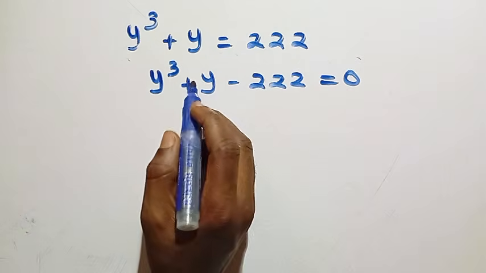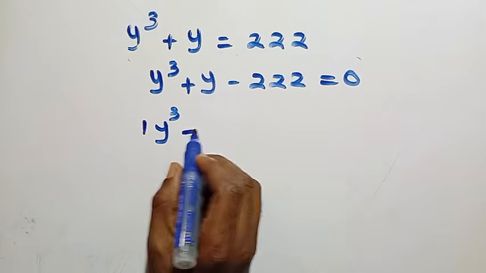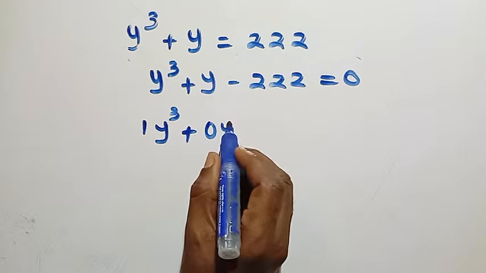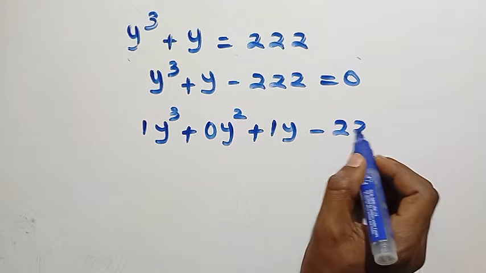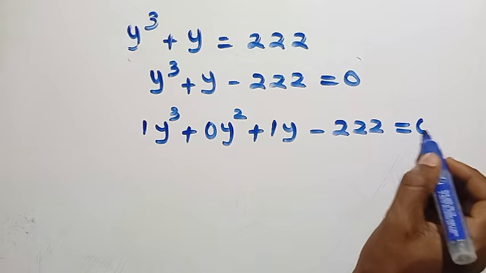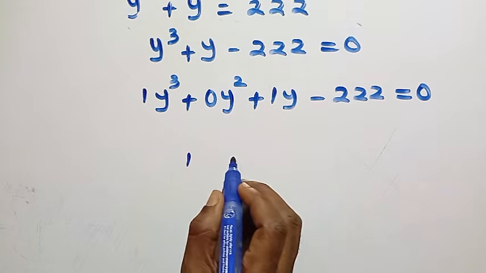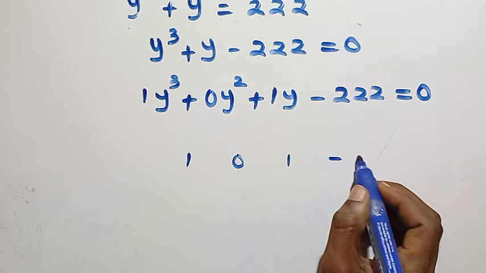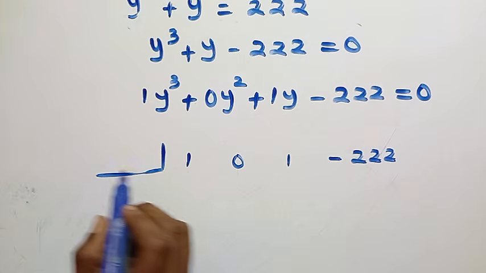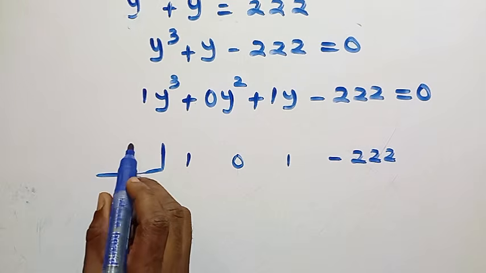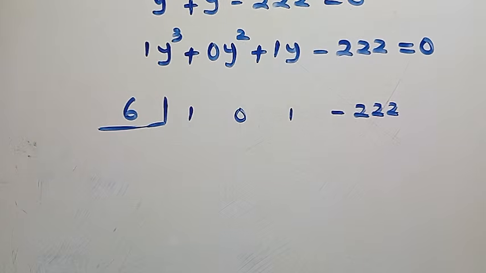This thing is missing one term: 1 y to the power 3, plus 0 y to the power 2, then plus 1 y minus 222 equals 0. Taking out the coefficients, we have 1, 0, 1, and minus 222. The first number that goes in, which is one of the solutions, is 6. I'll be applying synthetic division to get the other factors.